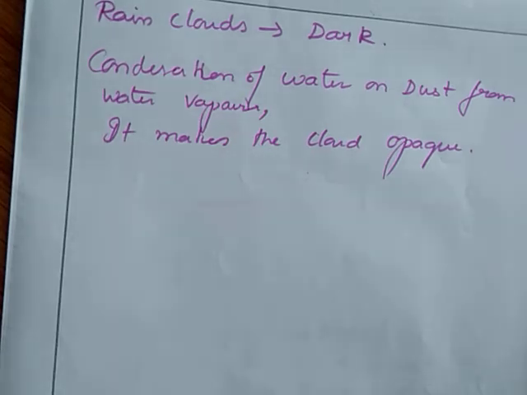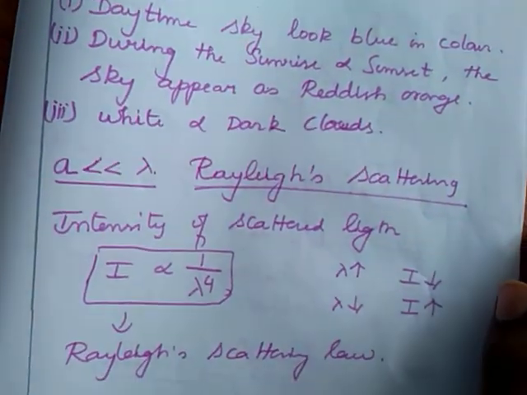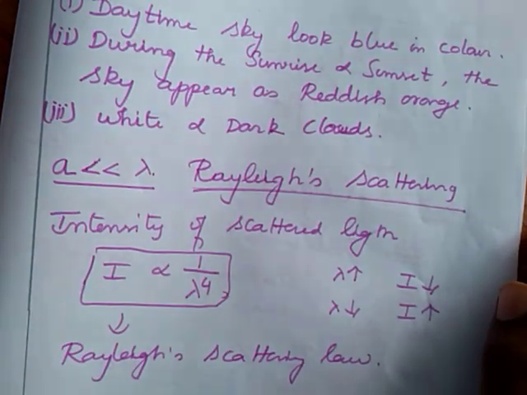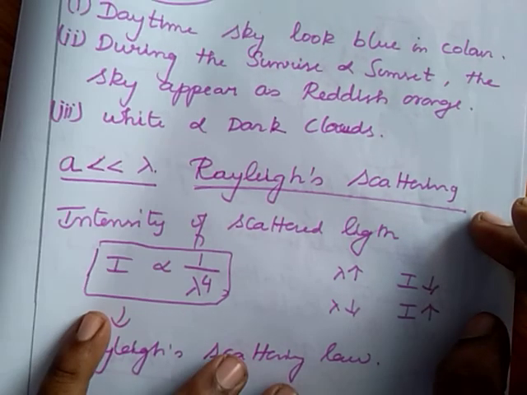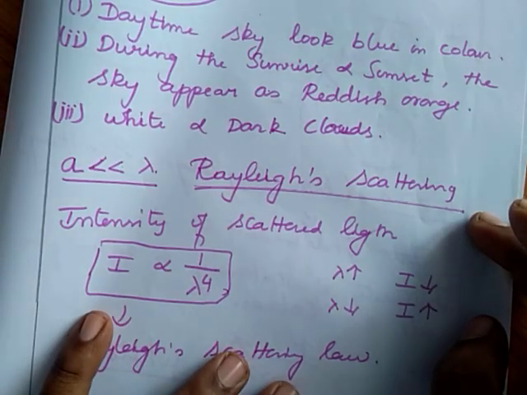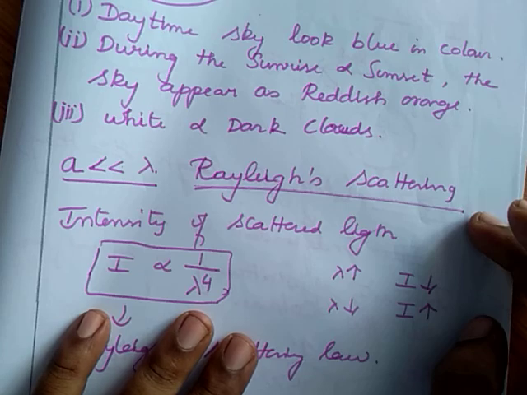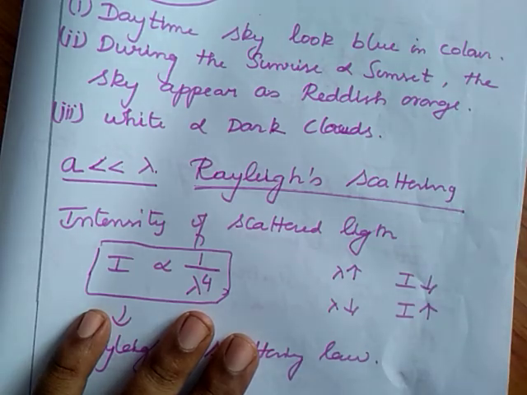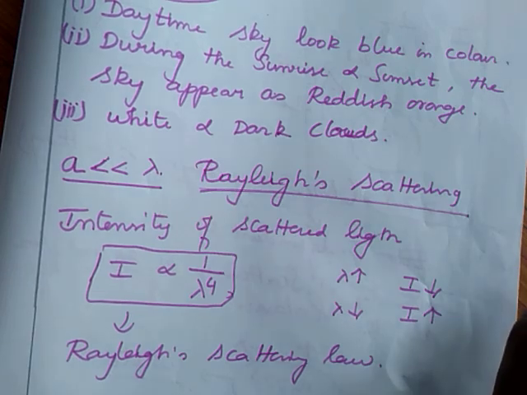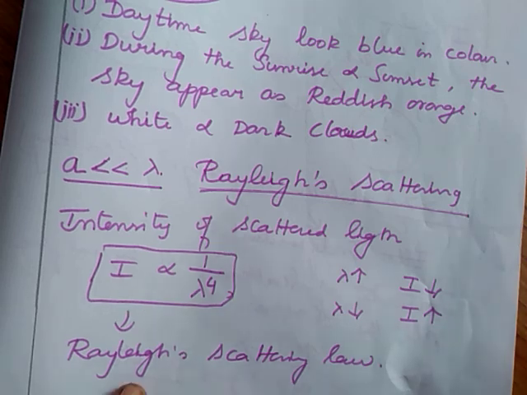In the first case, the particles in the atmosphere have a size less than the wavelength of the light incident on them; that scattering is known as Rayleigh scattering, and we found that its intensity is inversely proportional to the fourth power of the wavelength. In the second case, the particles in the atmosphere have a size greater than the wavelength, and that is known as non-Rayleigh scattering.